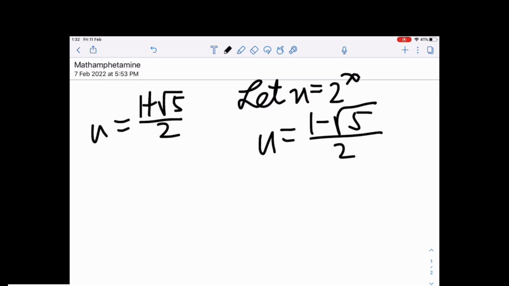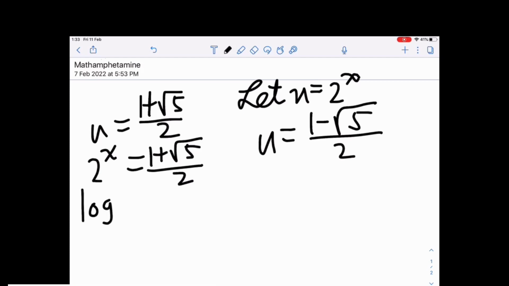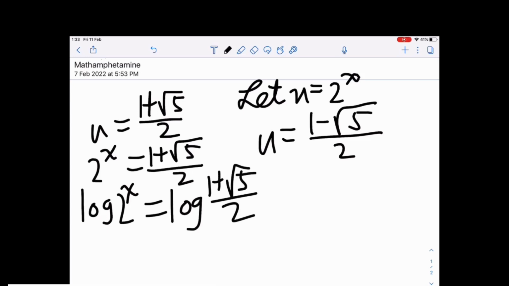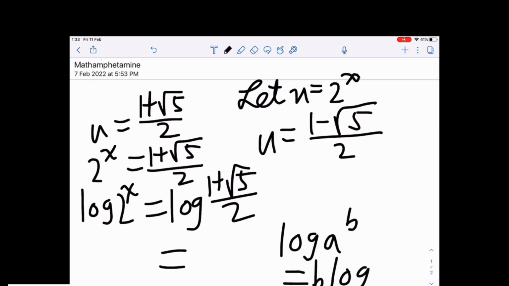divided by 2, right? We know that u is equal to 2 to the power of x, so we can write this as 2 to the power of x is equal to 1 plus square root of 5 divided by 2. And then we take log of both sides. Log 2 to the power of x is equal to log of 1 plus square root of 5 divided by 2. And then we can follow the rule: log a^b is equal to b log a.